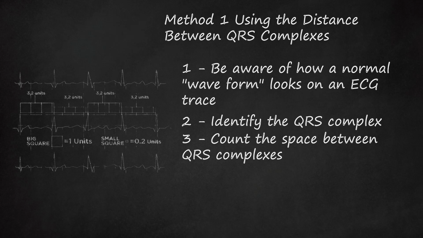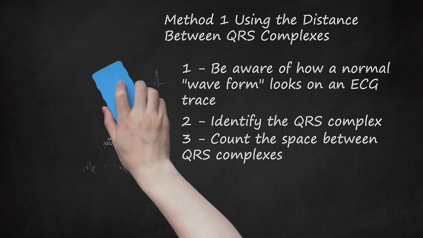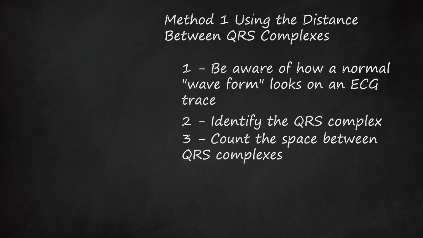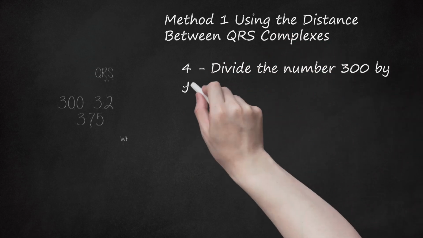There are normally 5 little squares embedded in each large square, allowing you to approximate the distance between QRS complexes to the nearest 0.2 units. Because one big square divided into 5 small squares gives you markings every 0.2 units. 4. Divide the number 300 by your answer above.